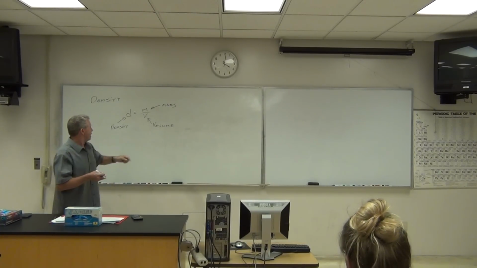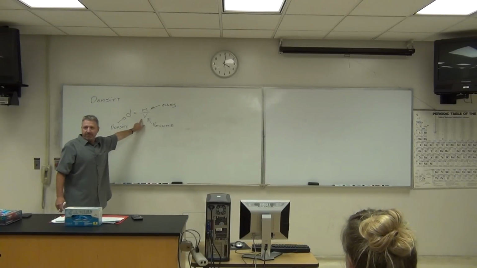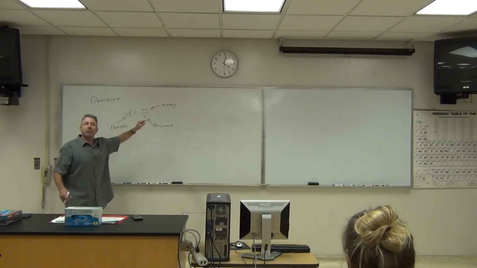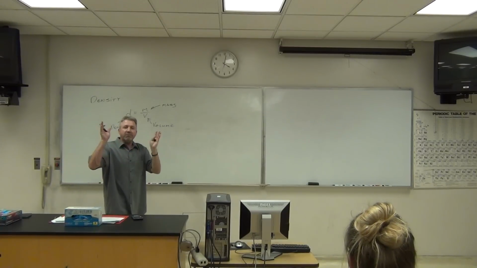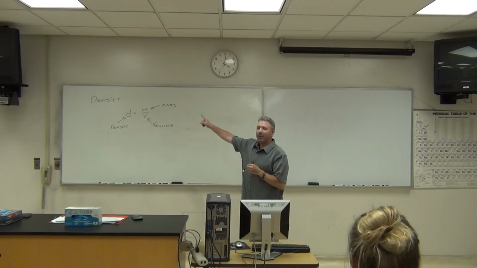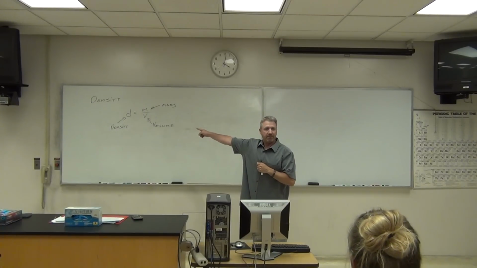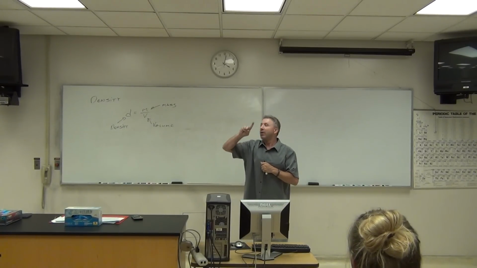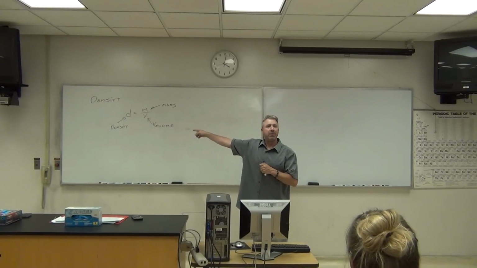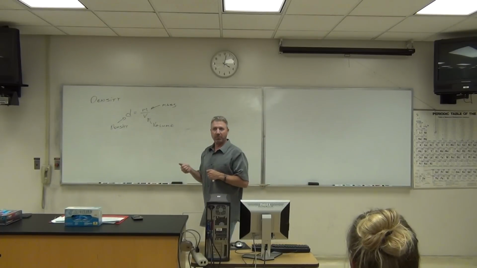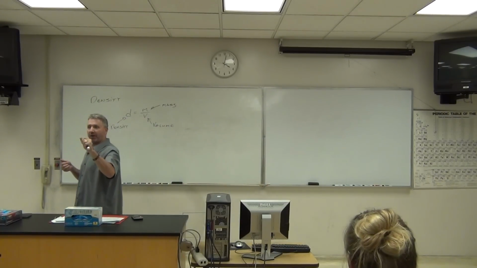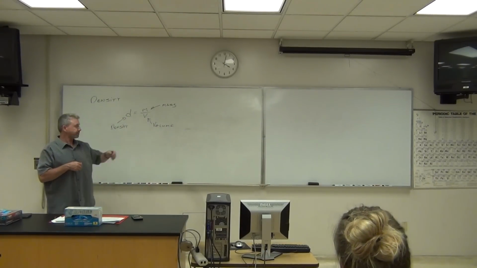So this is a relationship that we can apply to an infinite number of possibilities. But we only have one equation, so I can only solve for one of those variables at a time, which means you have to be given the other two.